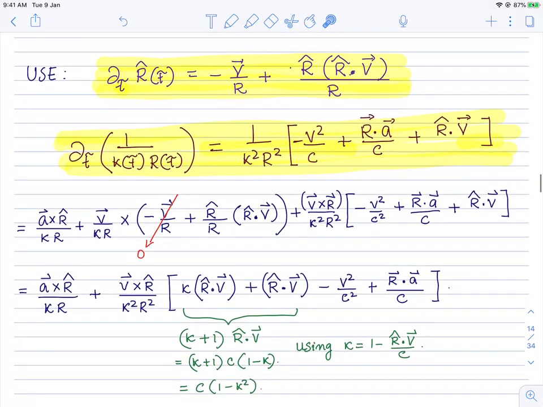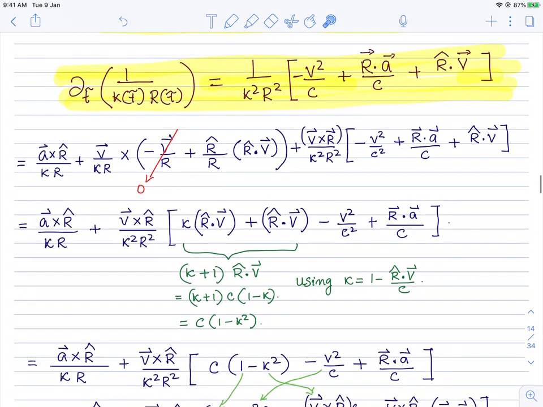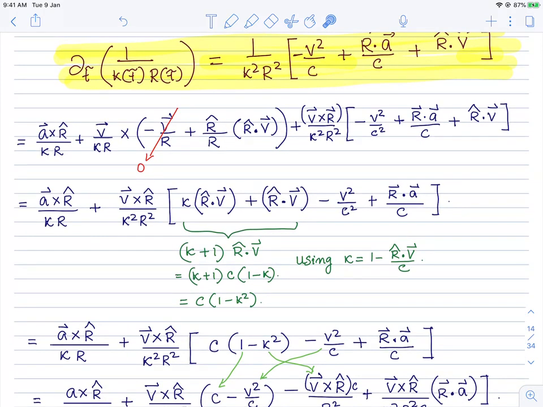And once we plug those results in, we see that there is a v cross v term which is 0, because v cross v is 0. And then again, there is some simplification that happens between the terms. It's good to remember that we can take this r hat dot v and substitute it in terms of the kappas.